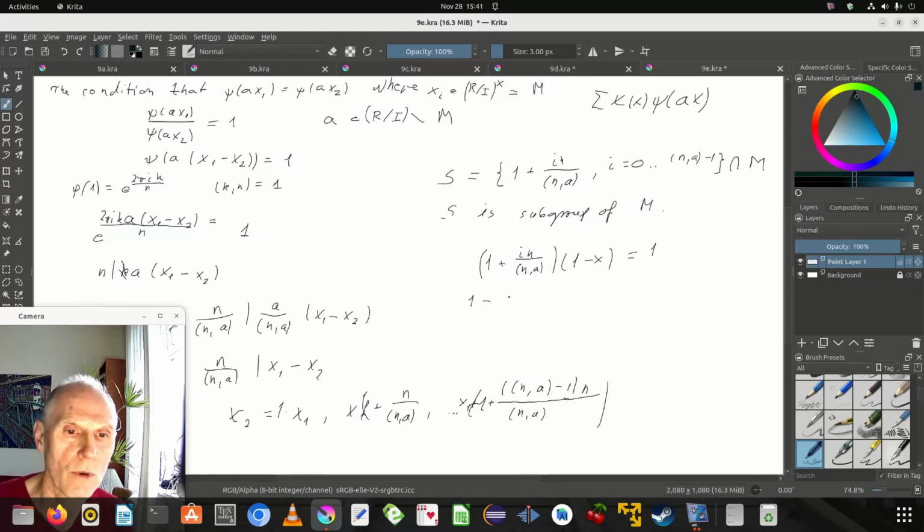So that's 1 minus x plus x^n divided by n. And it's a normal equation. We do the usual stuff. It actually gives unity, of course. I had already deleted them in my head.